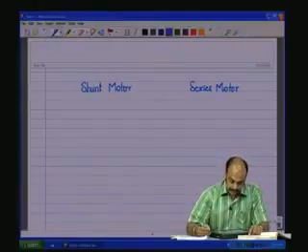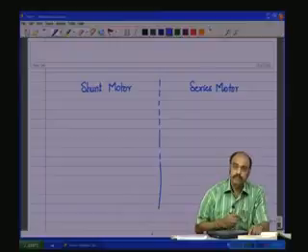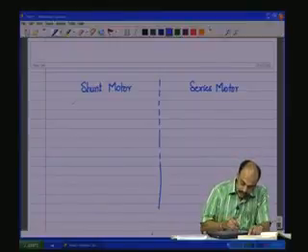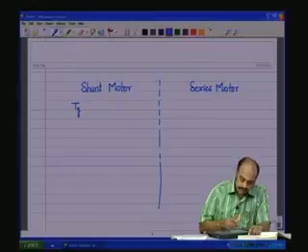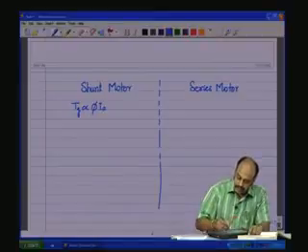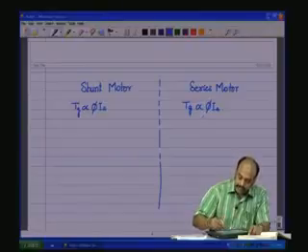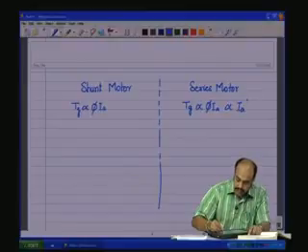If you look at the shunt motor, the generated torque Tg is proportional to the flux, or the excitation, into Ia. In the case of the series motor, the generated torque Tg is proportional to the flux into Ia, but the flux itself is proportional to Ia, and therefore, you have it proportional to Ia square.